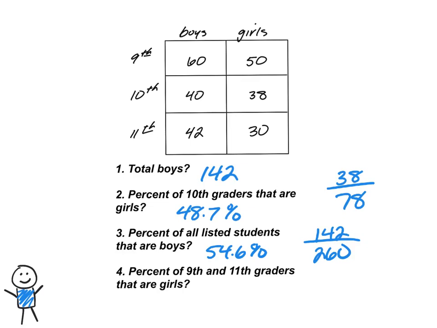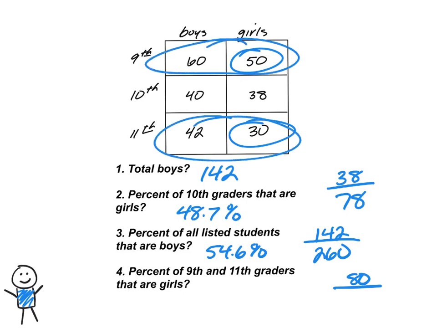So first of all, I need to figure out how many 9th graders are girls and how many 11th graders are girls. 50 plus 30 is 80. That's what I want. I want to know what percent that is of the total students in 9th and 11th grade. So when I add up the total number of 9th graders and 11th graders, I get 182 total.